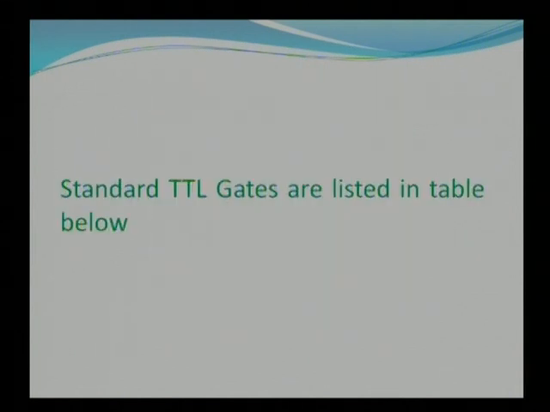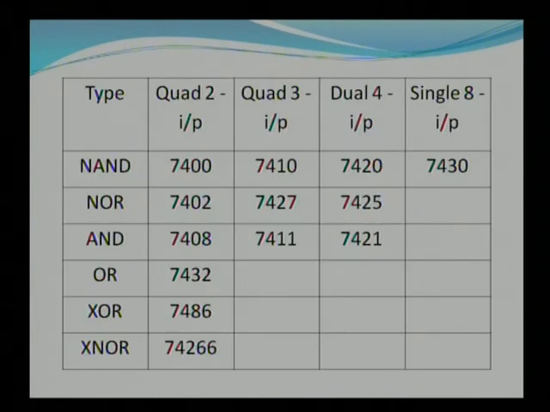Standard TTL gates are listed here. If you want to buy a few ICs from the market, then remember this table. If you want to buy a quad 2 input gate, quad means you are finding four gates in a single package, and each gate is having 2 inputs. Suppose you want to buy a NAND gate, then that IC number is 7400.